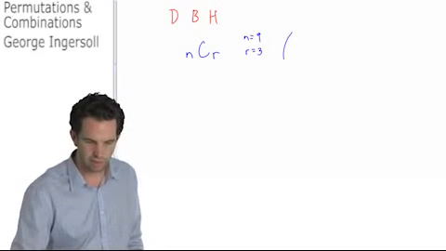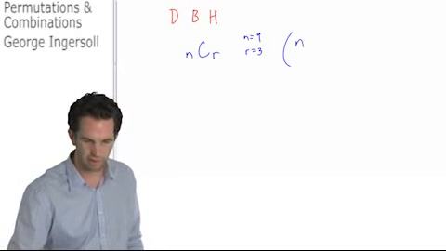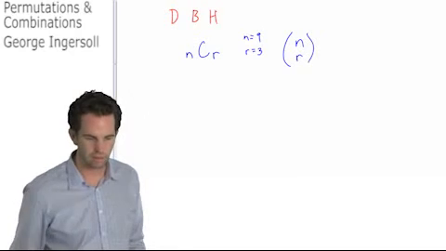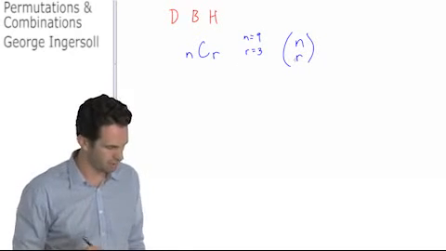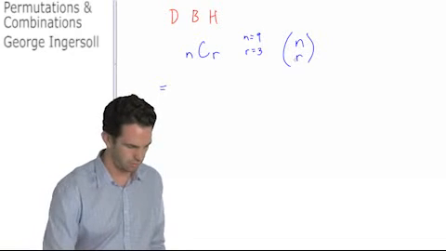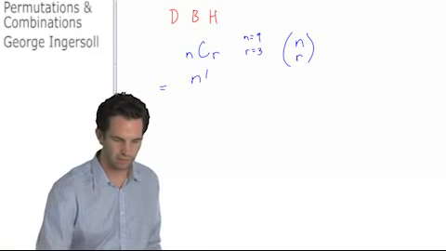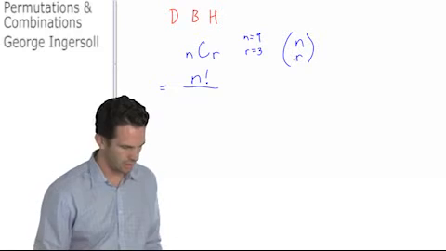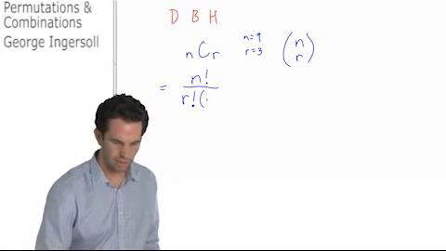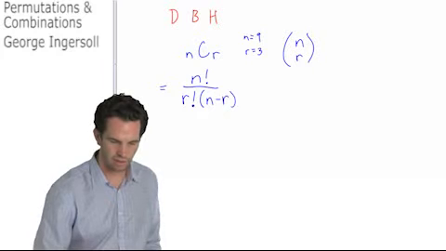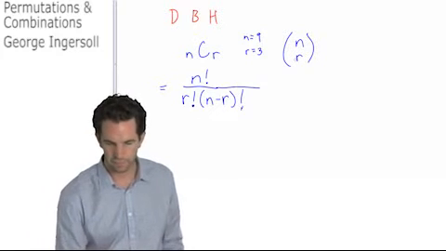And for combinations, it's sometimes just written like this. Instead of writing N C R, you just see an N over R inside parentheses. And the equation is slightly different. It's N factorial over R factorial times N minus R factorial.